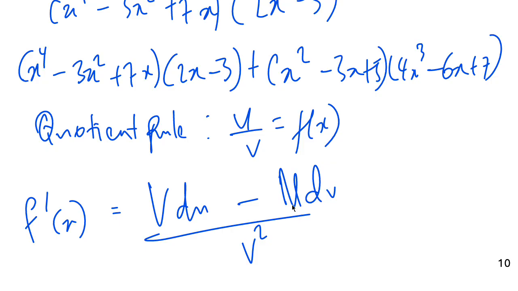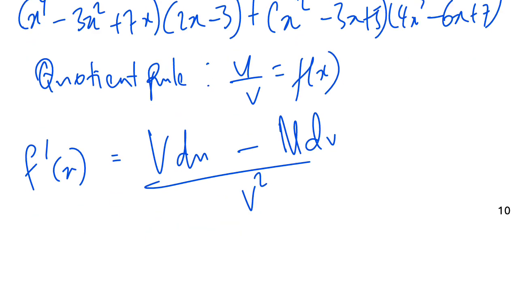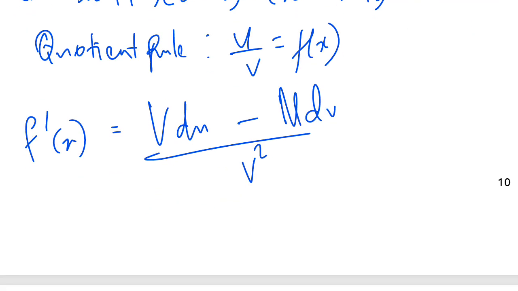In the product rule, you could not easily make mistakes because what we are having is v du plus u dv, so addition is commutative. But if you mix it up for the quotient rule, you won't get it. So v du minus u dv over v squared, where the u is the numerator of the rational function and v is the denominator of the rational function.